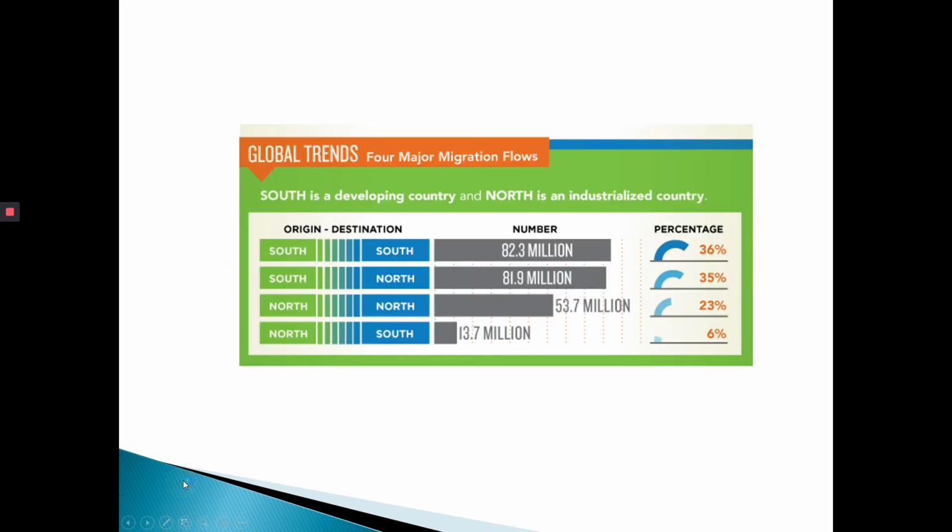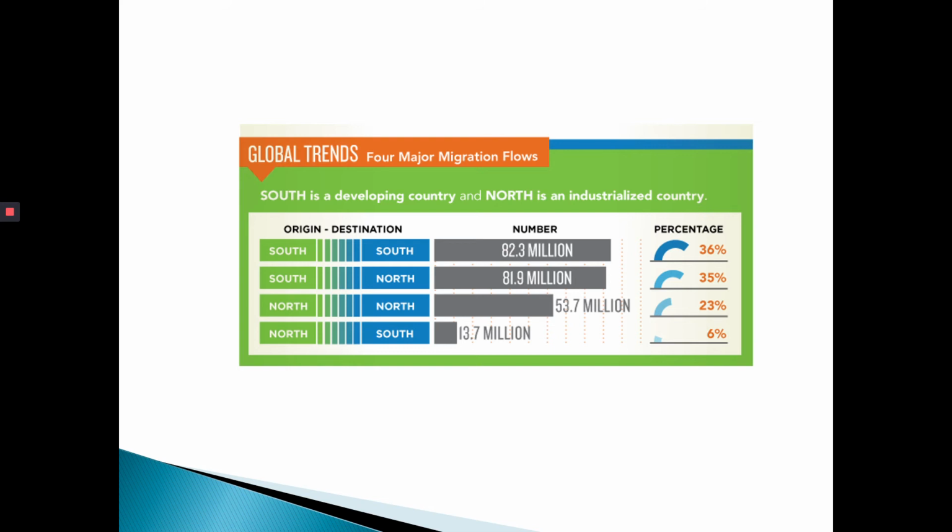So when we look at the flow of migrants around the world, we classify it as moving either from south or north. This is not necessarily a geographic definition as much as it has to do with their level of development.